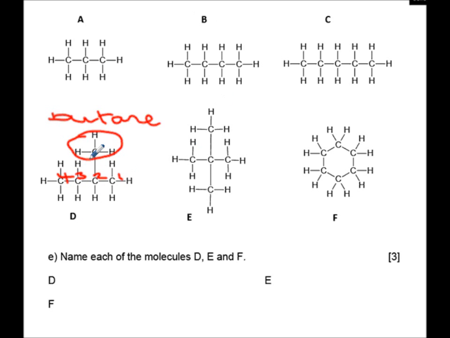We don't need to number which carbon this methyl group is attached to for butane, because if it was attached to this carbon, we would number it from the other side and it would also be attached to the second carbon. And if it was on either of the ends, the longest chain would now be 5 carbons. So the name for D is simply methyl butane.